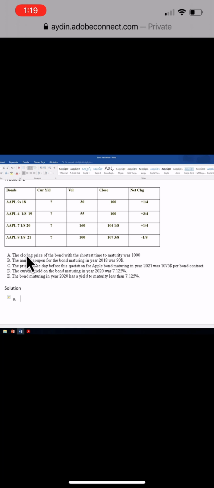So these are, for example, considered as a longer time to maturity. So the shortest one is 2018, and it stated that the closing price of this bond was 1,000. Is it true?